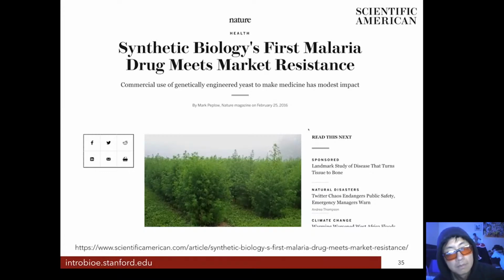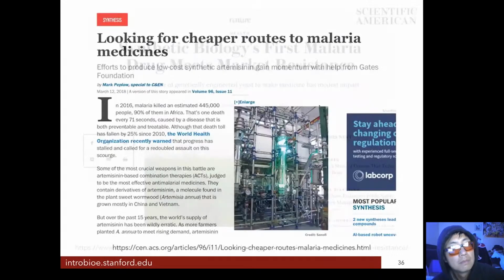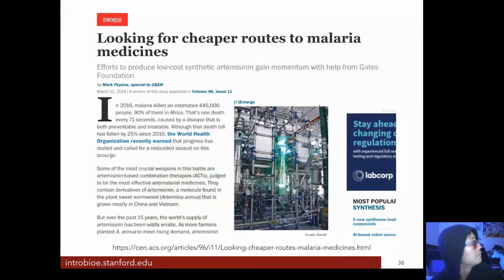And so there were some kinks to work out, but the financial drivers, this need to produce low-cost medicines, really got the Gates Foundation involved, which helped push scale-up to see: if we can produce 25 grams per liter of artemisinin in the lab, how much can we produce when we start moving these engineered yeast into bigger and bigger bioreactors?